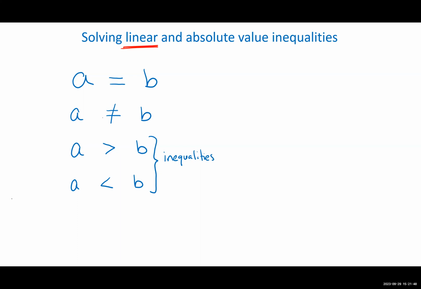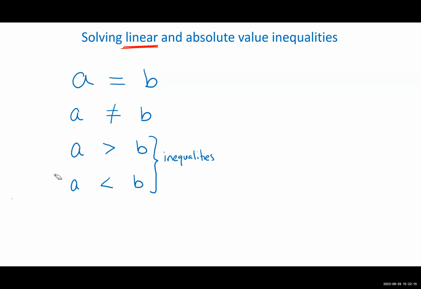Technically, that also includes the not equal to sign, but we're going to ignore that for now because it's not relevant to this topic. So we're going to focus on just the greater than symbol and the less than symbol. It's actually the same symbol, it just has two directions. Basically, the open side points towards the larger number. So in this case, A is the bigger number. In this case, at the bottom, B is the bigger number.